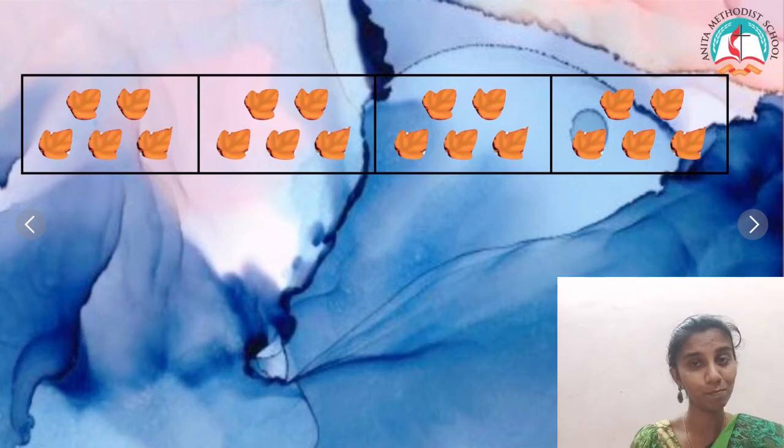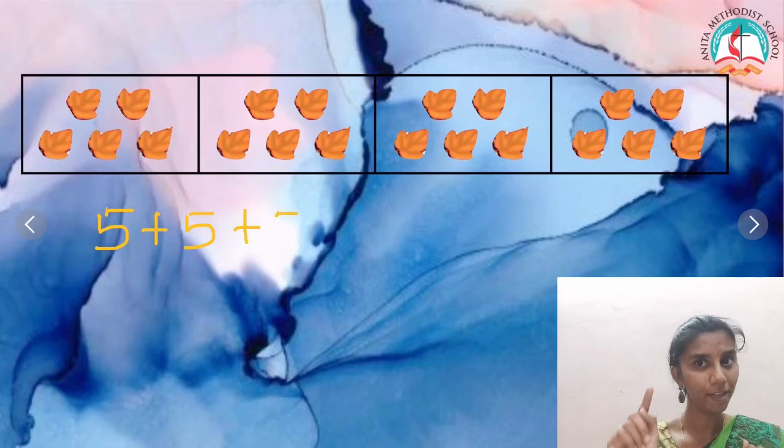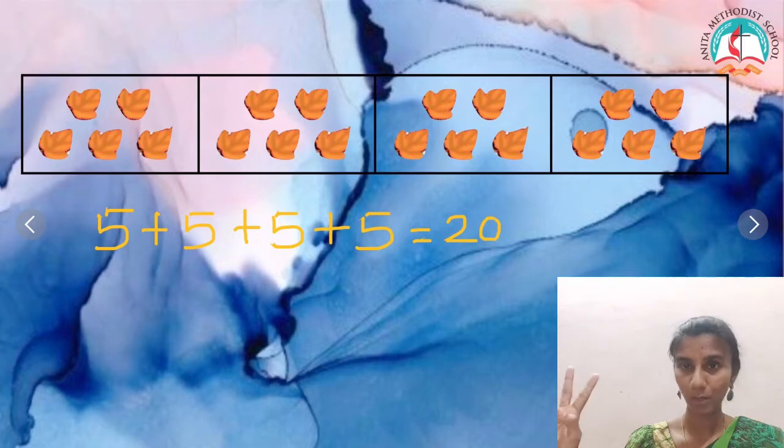Can you look at this picture? How many leaves are there? Yes, 5. So we'll write 5 plus 5 plus 5 plus 5 because we have 4. So we'll write 5 plus 5 plus 5 plus 5 equal to 20.